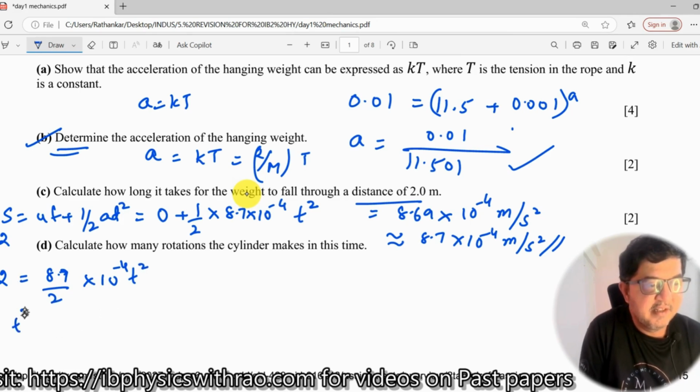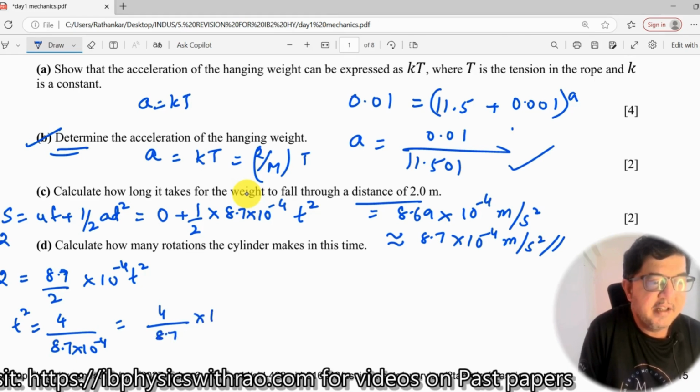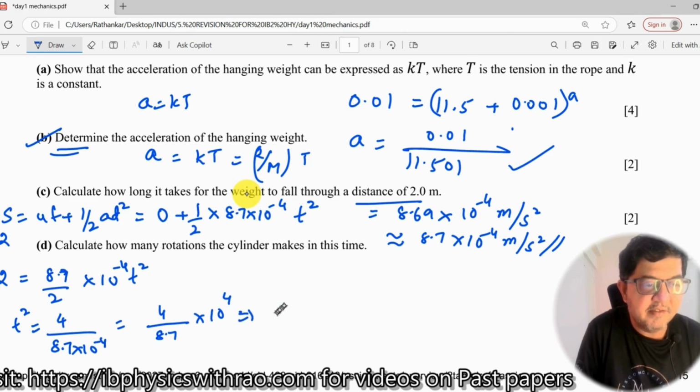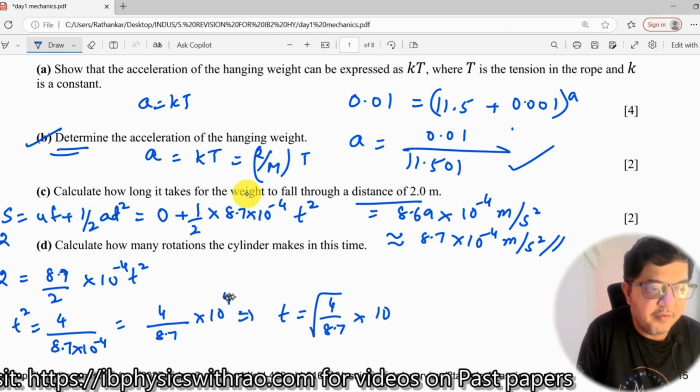Cross multiply: t square will be 2 into 2, which becomes 4, divided by 8.7 into 10 to the power of minus 4, which should be 4 divided by 8.7 into 10 to the power of plus 4. I prefer to first simplify and then proceed with the calculations, which implies t will be equal to the square root of 4 by 8.7 multiplied by 10 power 4, square root. If I take this, the 10 power 4 becomes 10 square root.